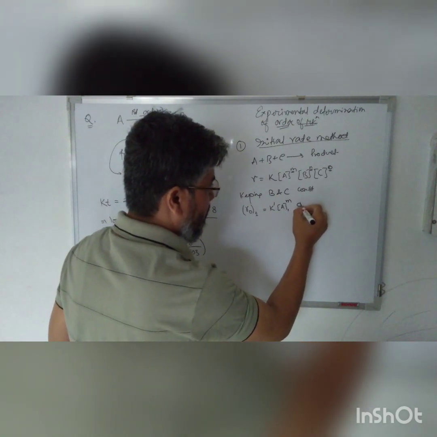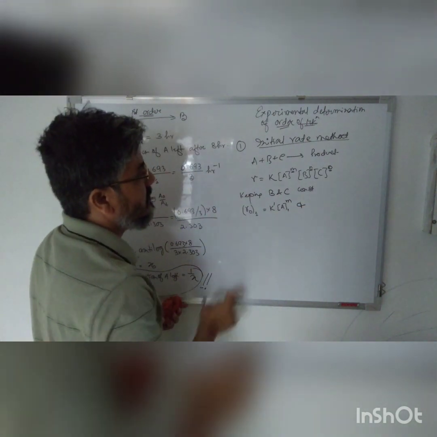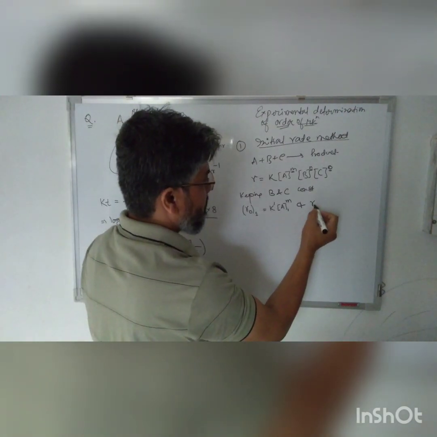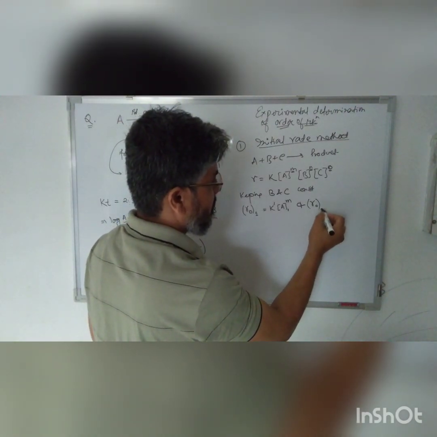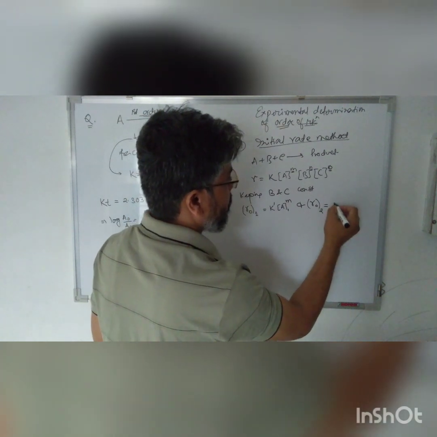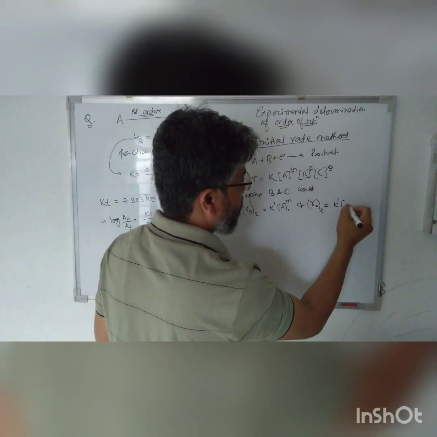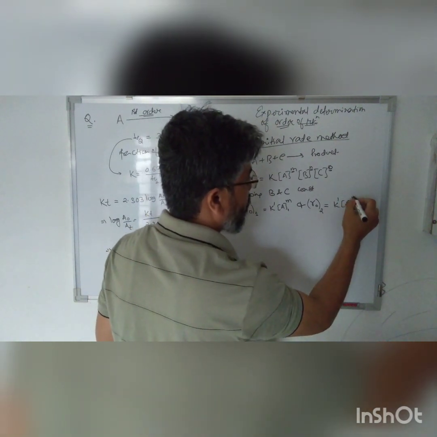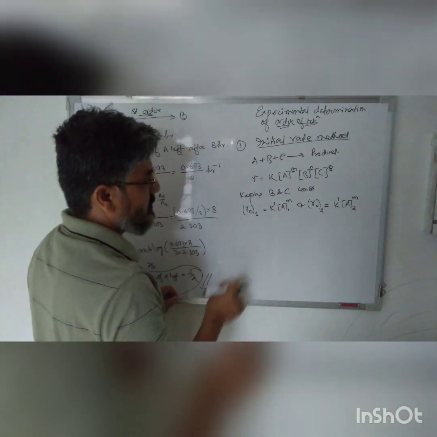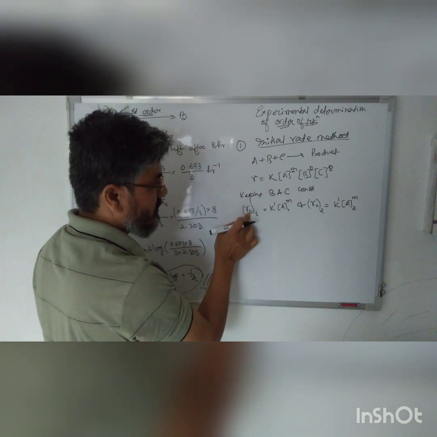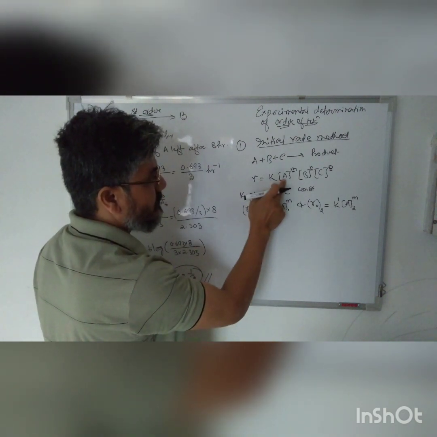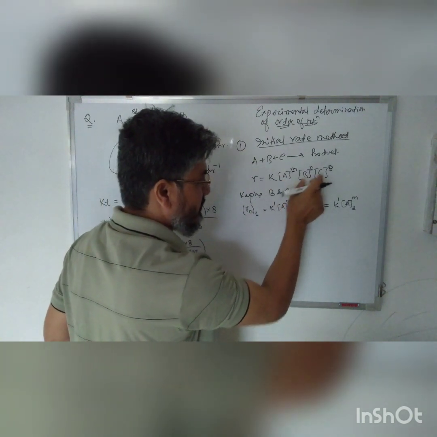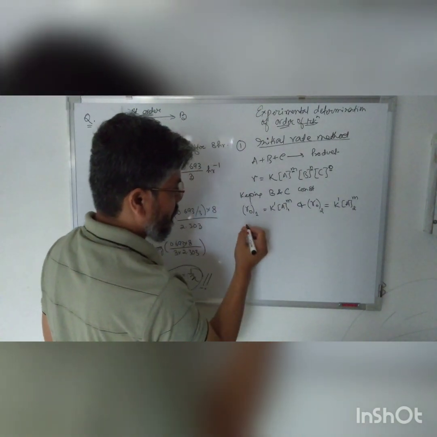Similarly, we take another experiment by changing the concentration of A to some other value. The second experiment: R naught 2 is equal to K prime into concentration A2 raised to the power m. So this is the initial rate in terms of the concentration of reactant A, keeping the concentrations of B and C constant. Now we'll take the ratio of these two.